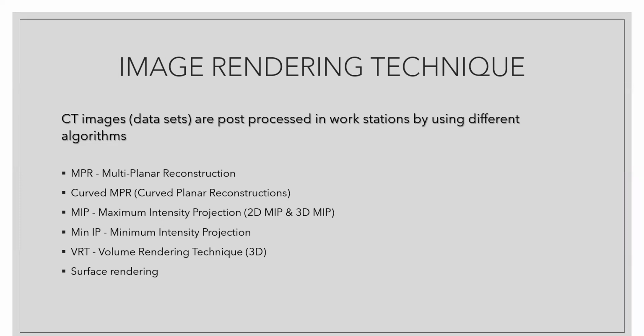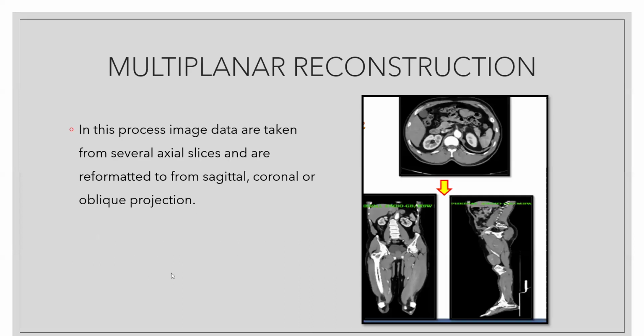CT images are post-processed in a workstation by using different algorithms. One is multiplanar reconstruction, curved planar reconstruction, MIP is maximum intensity projection, and MinIP is minimum intensity projection. And coming to 3D images, there are two. One is volume rendering technique and another one is surface rendering technique.